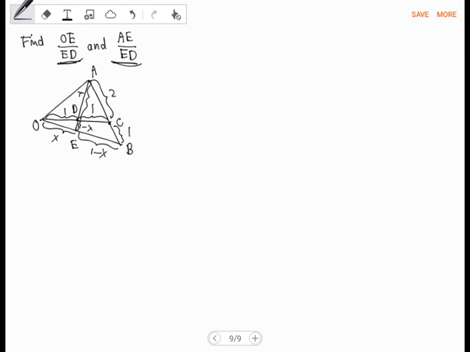So in this question, we are asked to find these two ratios, OE over ED and AE over ED. We know that based on the ratios here, lambda AE equals AD. To find AD, I make use of the ratio theorem.